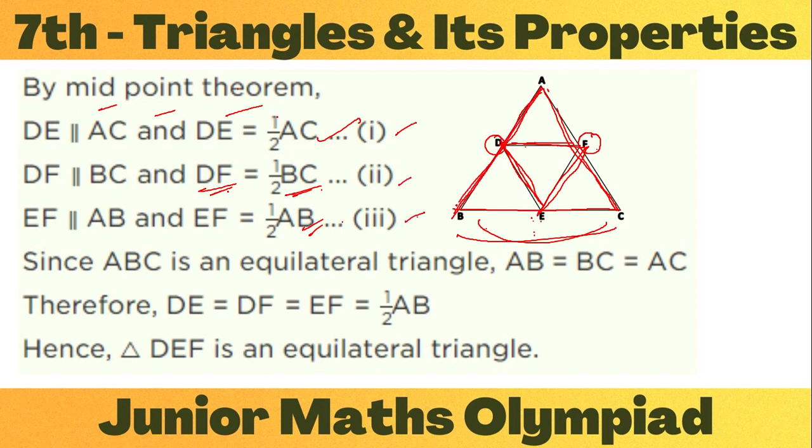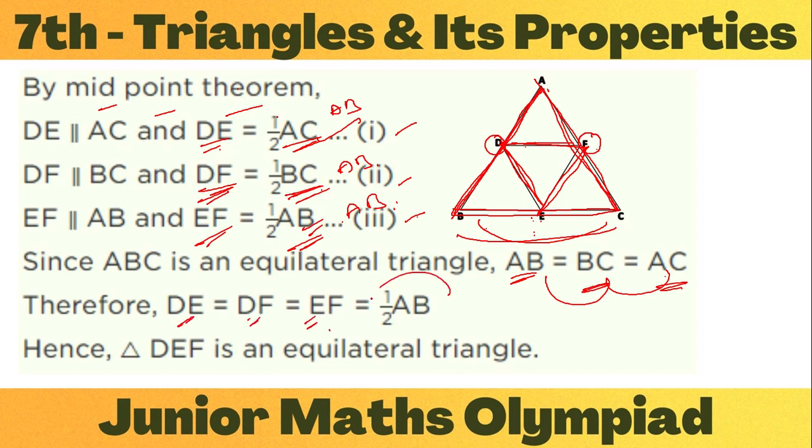So since ABC is an equilateral triangle as per given data in the question, here AB equal to BC equal to AC because all sides are equal in an equilateral triangle. So in the place of AC we can take AB, in the place of BC we can take AB, and AB we keep the same. So these three measurements, DE, DF and EF will be equal to half AB.